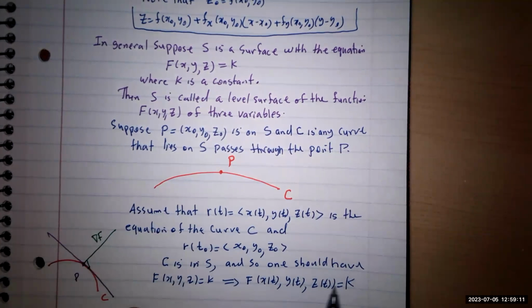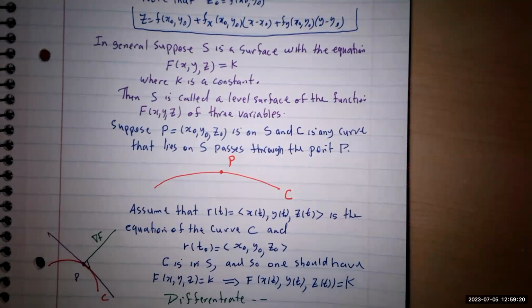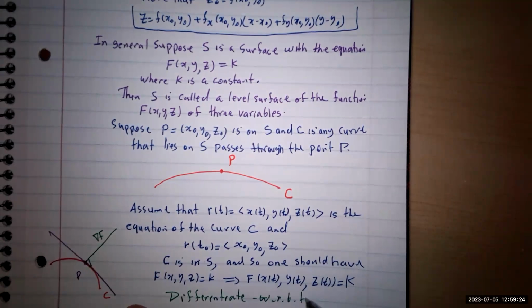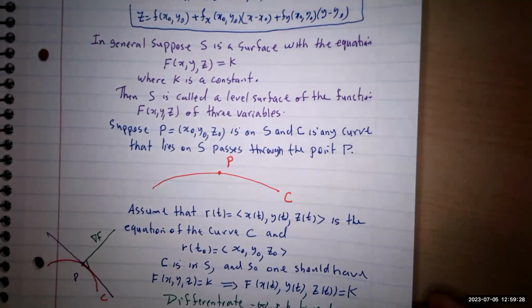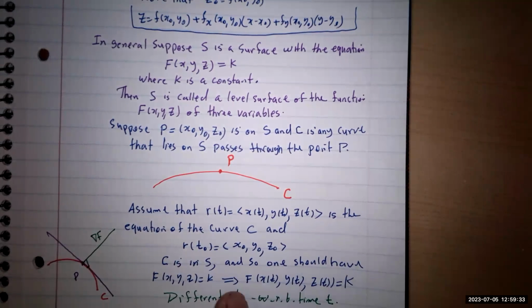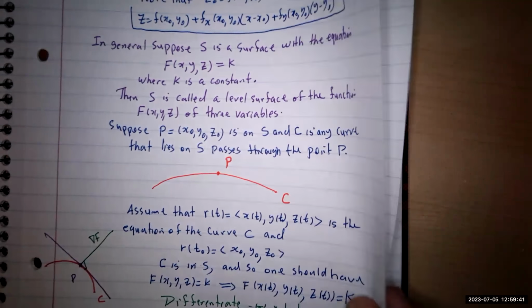So what I'm going to do is differentiate both sides with respect to t, using the chain rule, outside, inside.